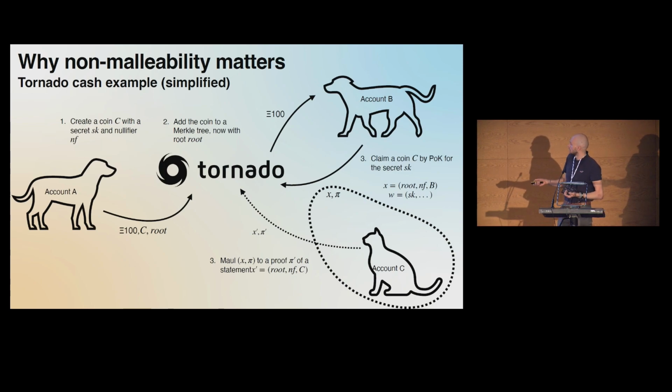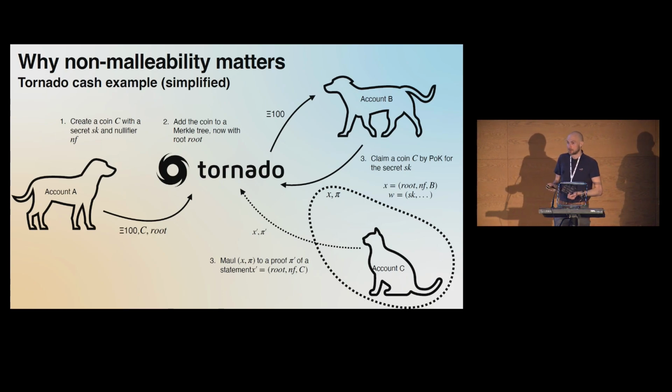In that scenario, we may have an adversary, like some adversarial account C, that observes this particular instance and proof pair, and based on that, creates a new instance along with new proof. We assume that this adversary learned something from x, pi to create x', pi'.